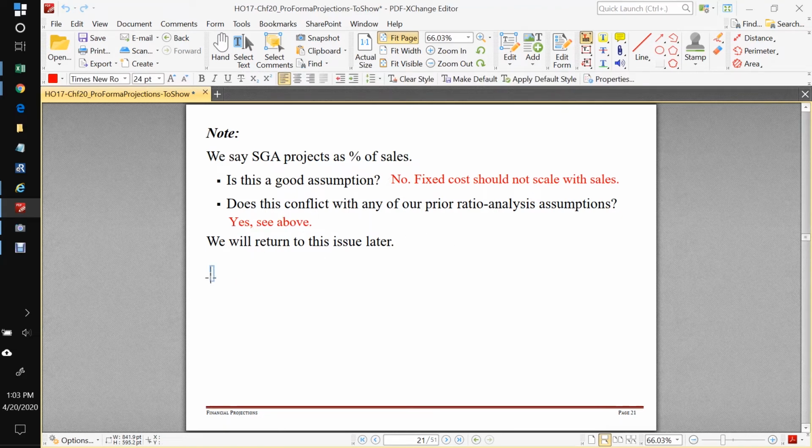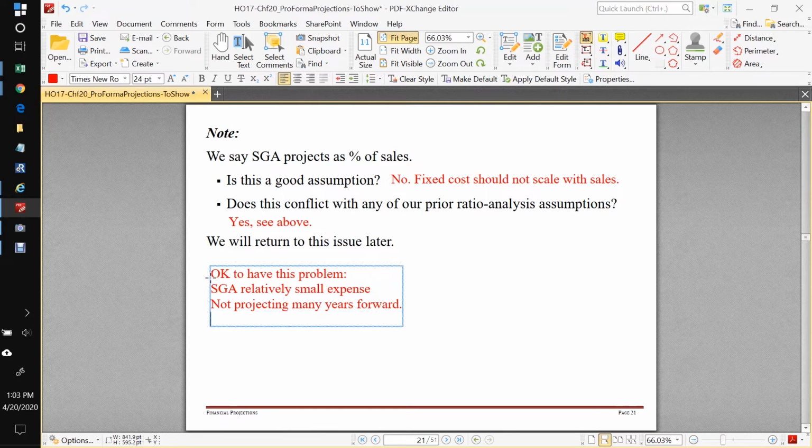Right, that it is in fact a fixed cost. And it's okay to have this problem. Why? SG&A is a relatively small expense, and we're not projecting many years forward.